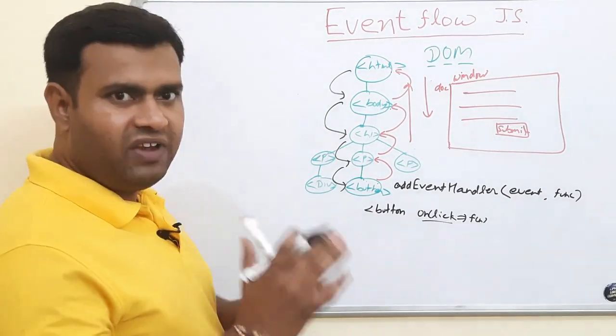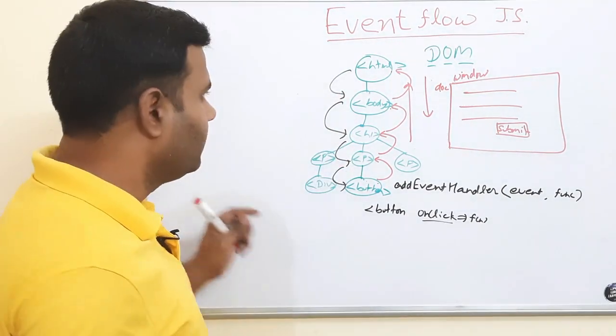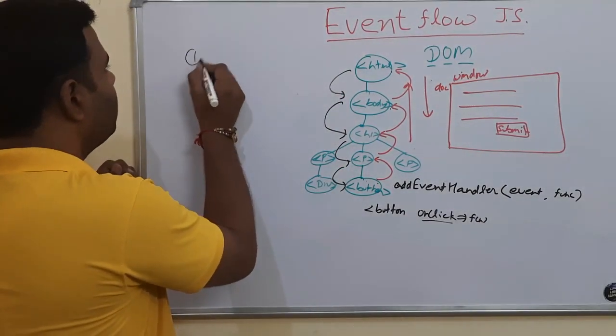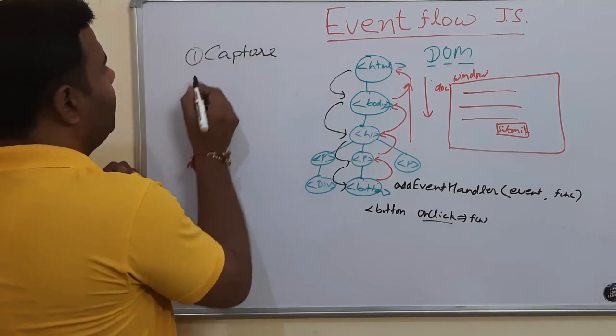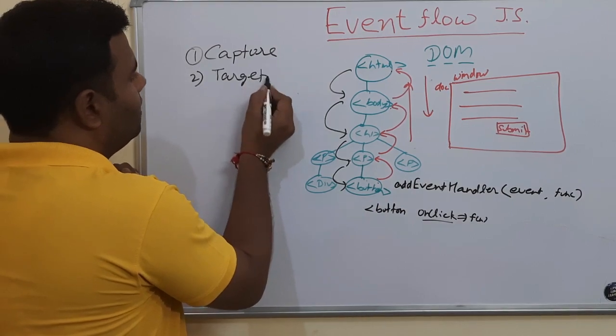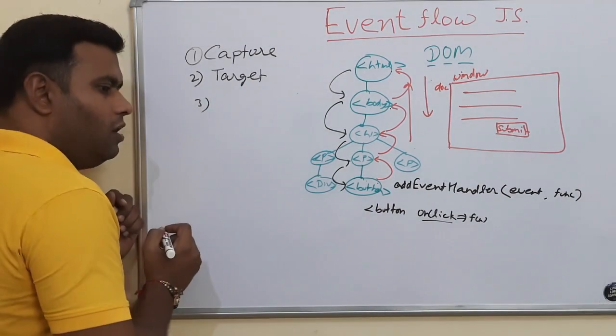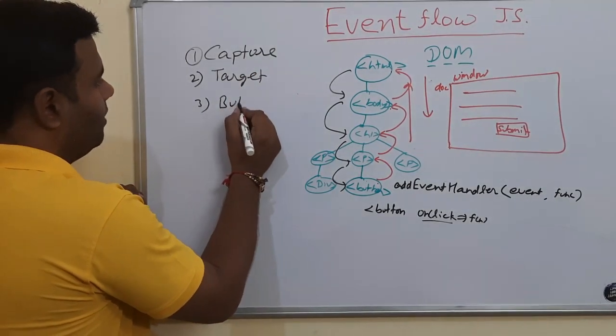So there are phases in which this particular event will trickle down. The first phase is called capture, the second is called the target, and the third phase is called bubble up, bubbling basically.